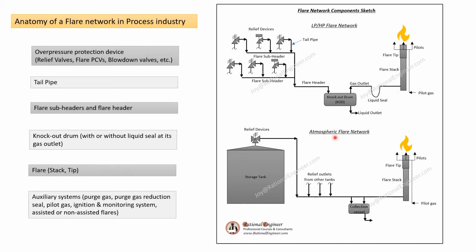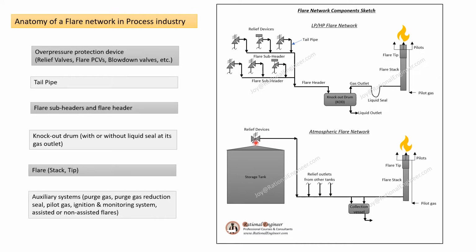Below you can see another example of an atmospheric flare system where a relief device is mounted on a storage tank which operates near atmospheric conditions, which goes into a flare header.